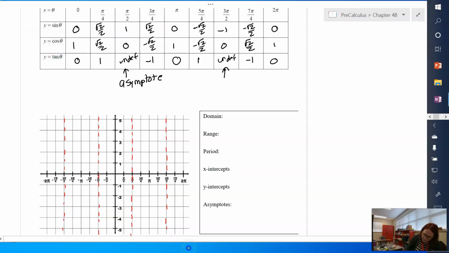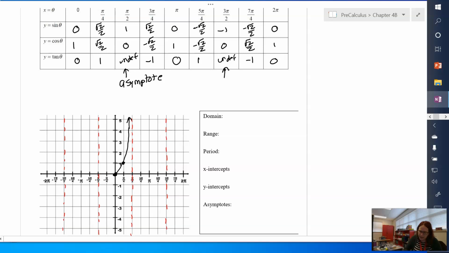All right, now let's start plotting our points. At 0, I have a point at 0. And then at pi over 4, I have a point at 1. And then I hit the asymptote when I get to pi over 2. So it's going to go up like this. So this first piece looks like that. And now let's go on to the next section. I have an asymptote at pi over 2.